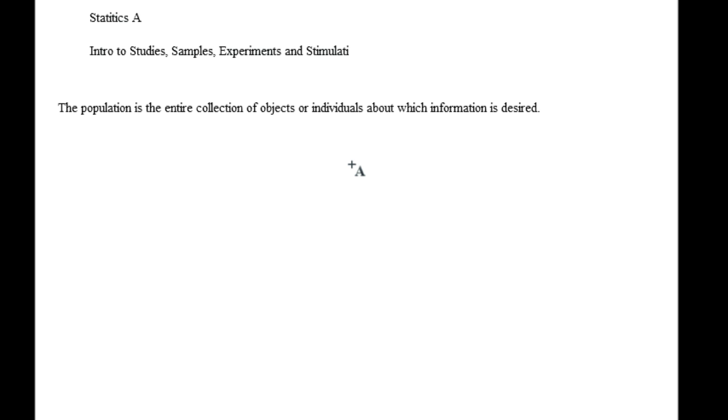If you wanted to determine the population of women in the U.S., you would use the entire population of women in the U.S. And then you want to find the percentage of women who are brunettes in each situation. So you would just find the percentage of each one of those.